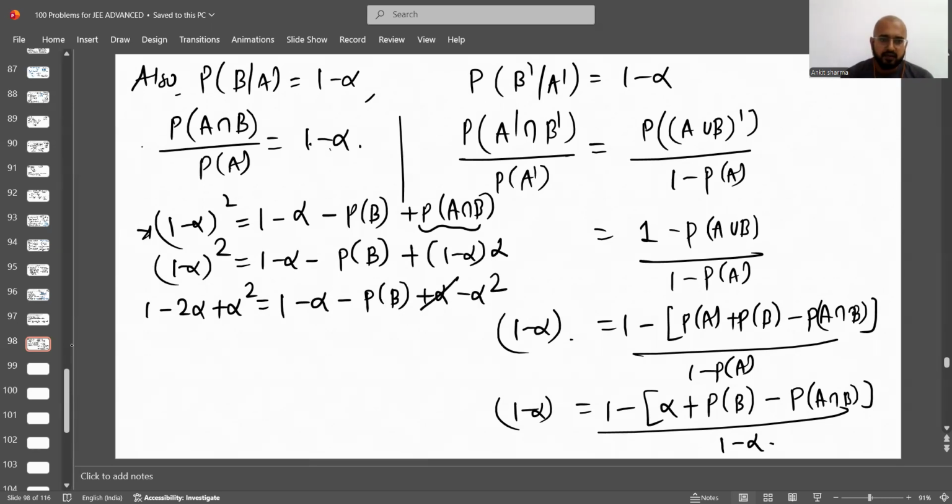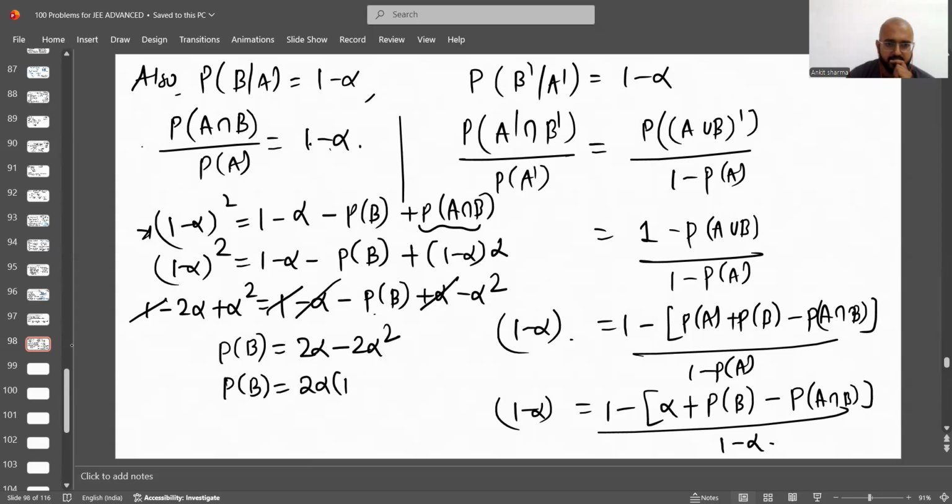So this plus alpha and minus alpha gets cancelled, and this 1 and 1 gets cancelled. I can transfer this to this side to give me P of B is equal to 2 alpha minus 2 alpha square. So this could be written as P of B is equal to 2 alpha into 1 minus alpha. This is my P of B. So we have found P of B.